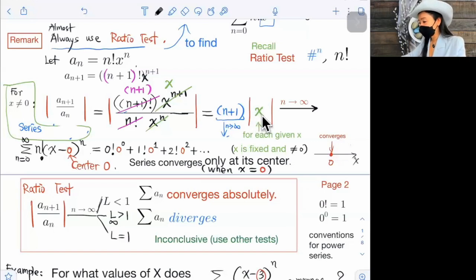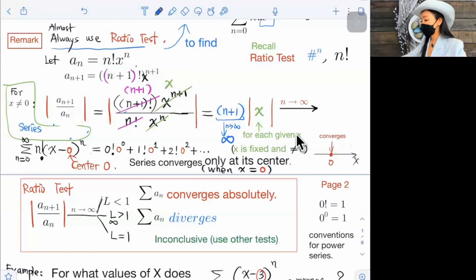Now, the ratio test says that we want to let n go to infinity and see what happens to this ratio. When n goes to infinity, what happens to n plus 1? It goes to infinity. Now, what happens if you multiply by absolute value of x?